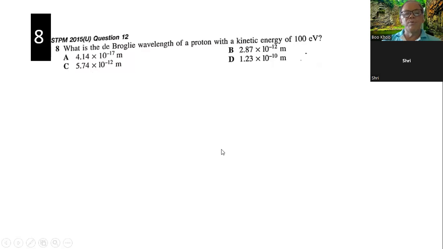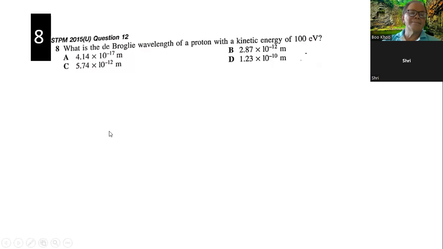What is the de Broglie wavelength of photon with kinetic energy 100 electron volt? Can see a lot of calculation involved. What's the answer? Or what formula to use? P equals H over lambda.